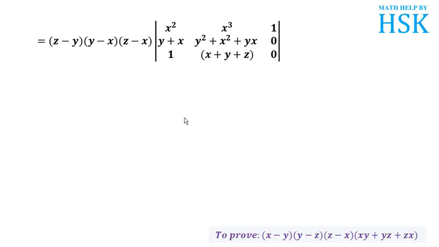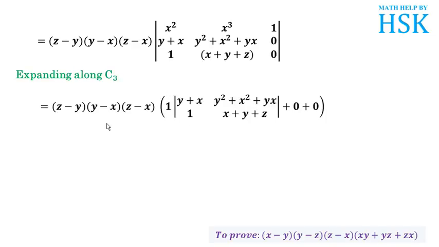Expanding the determinant along column 3, I'm going to obtain these three terms as it is. So the expansion of the determinant would be 1 into the determinant obtained by removing the first row and first column, that is y plus x, y square plus x square, yz, 1, x plus y plus z, plus 0, because we don't have to worry about what is going to multiply here, because 0 into any value is 0.